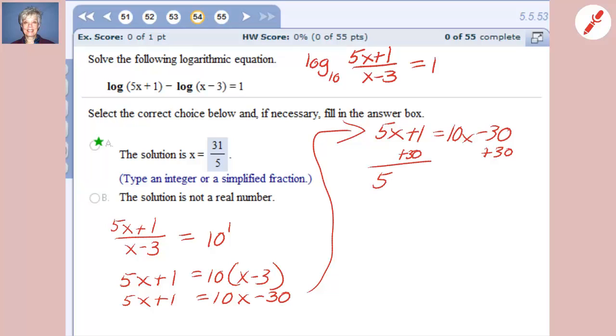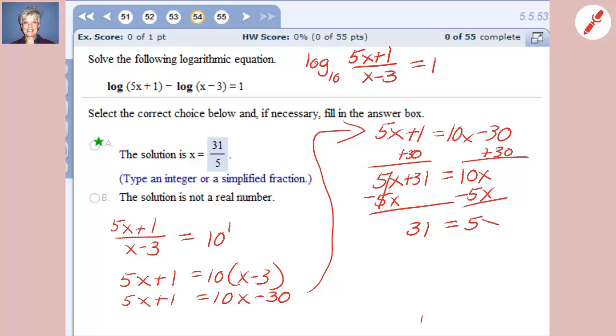Over here I'll have 5x plus 31, and over here I'll have 10x. Then I'm going to subtract 5x from both sides. So 31 will equal 5x. Then I'll divide by 5 and divide by 5, so x equals 31 over 5.